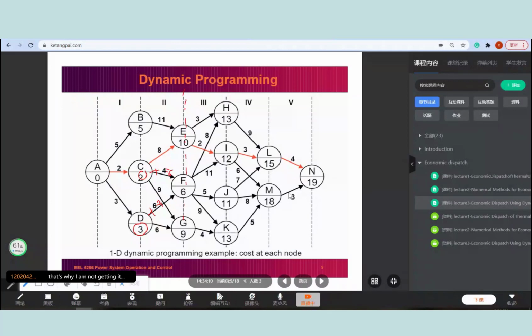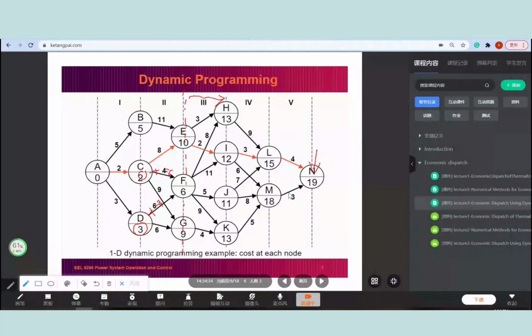Our problem is that we want to reach the last stage. So let's continue and repeat this procedure. So if we go to the next stage, next stage there are 4 stops. So if you arrive at H, how to get to H?